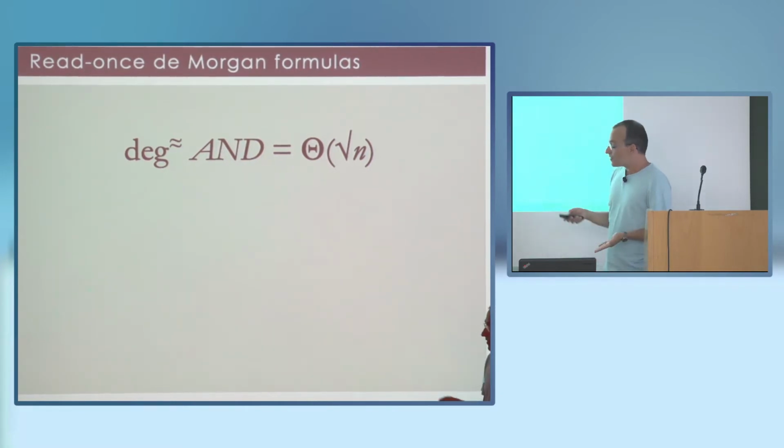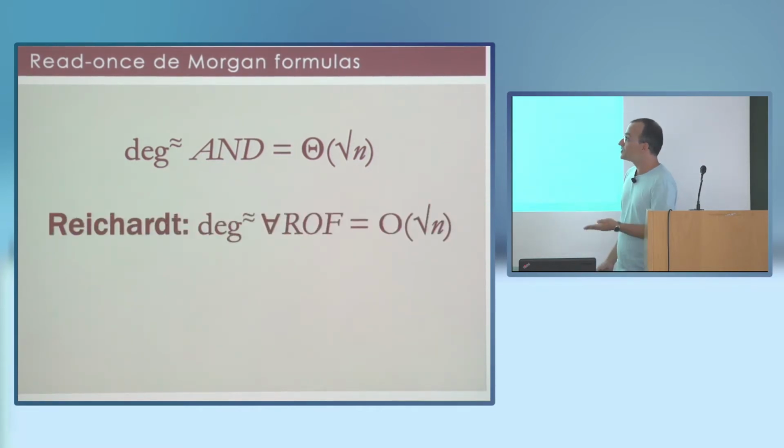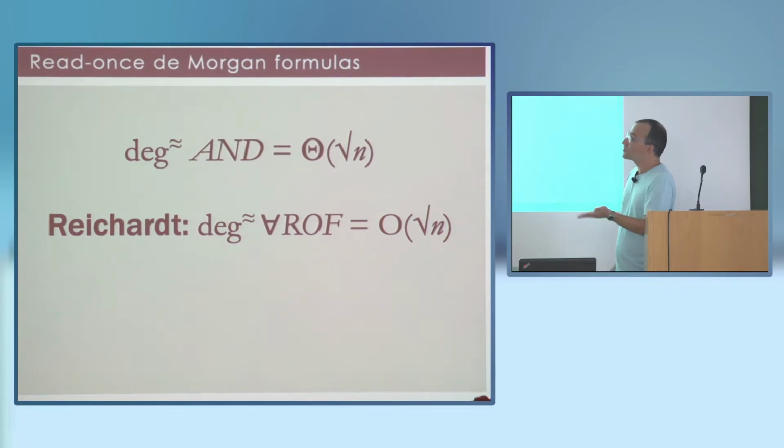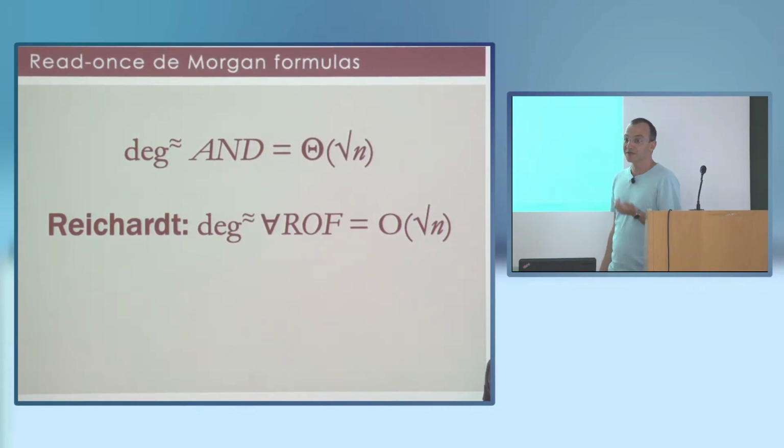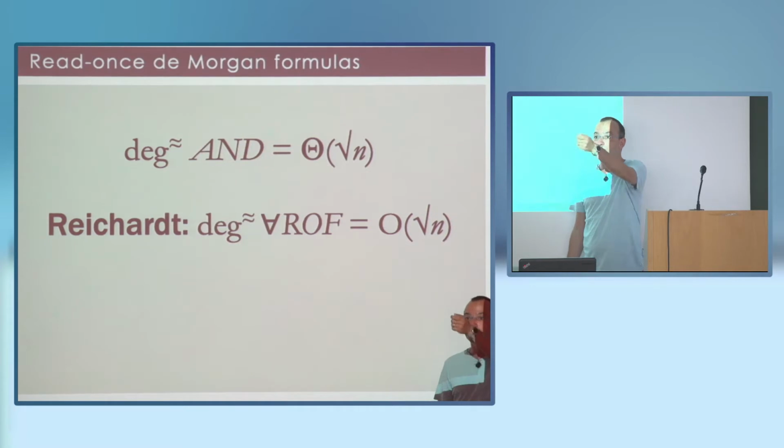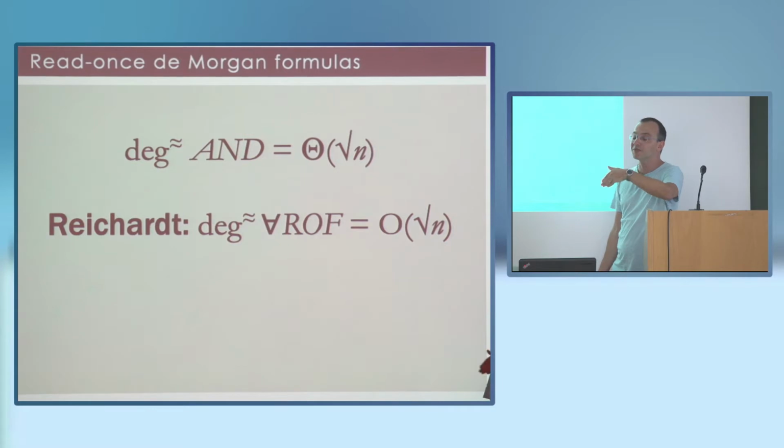Okay? So let me tell you about one question that has been open for a long time. One of the reasons why approximate degree is interesting in complexity theory is that it provides lower bounds for quantum algorithms. It provides query complexity lower bounds for quantum algorithms. So if you want to prove upper bounds, there was this work about 10, 15 years ago where people said, well, the AND function models what happens when you do quantum search in a database, but maybe you want to compute some other functionalities on the quantum database, right?